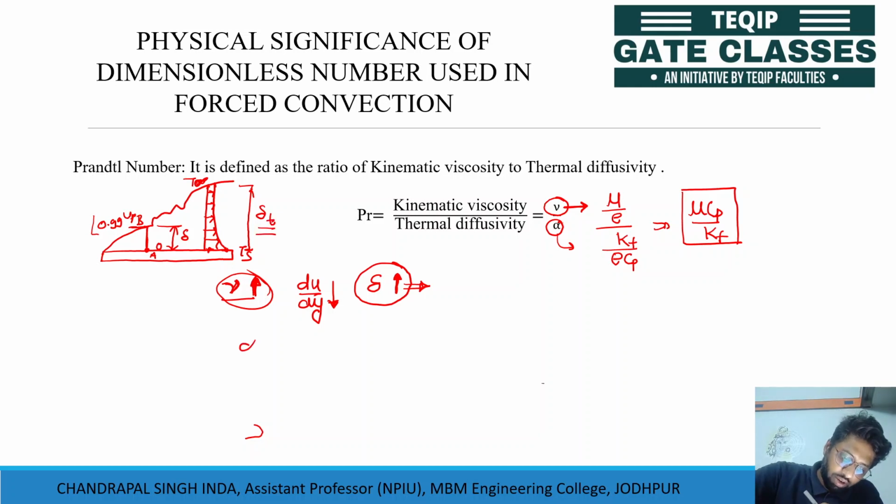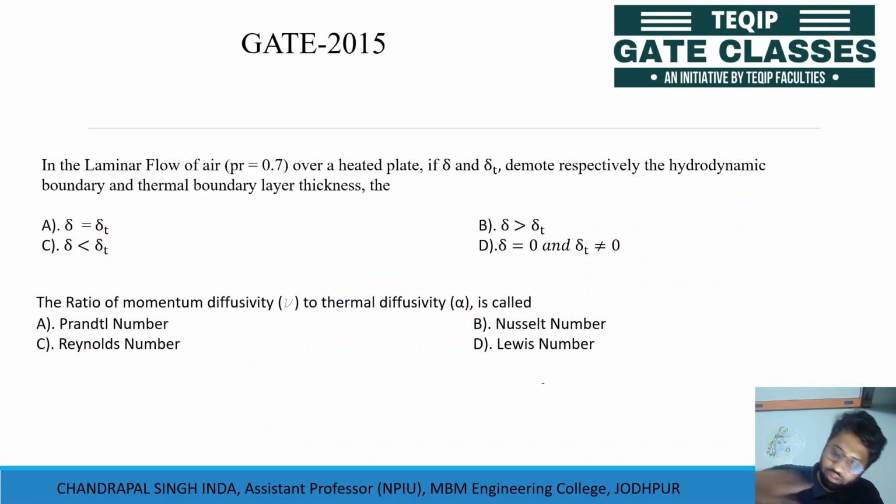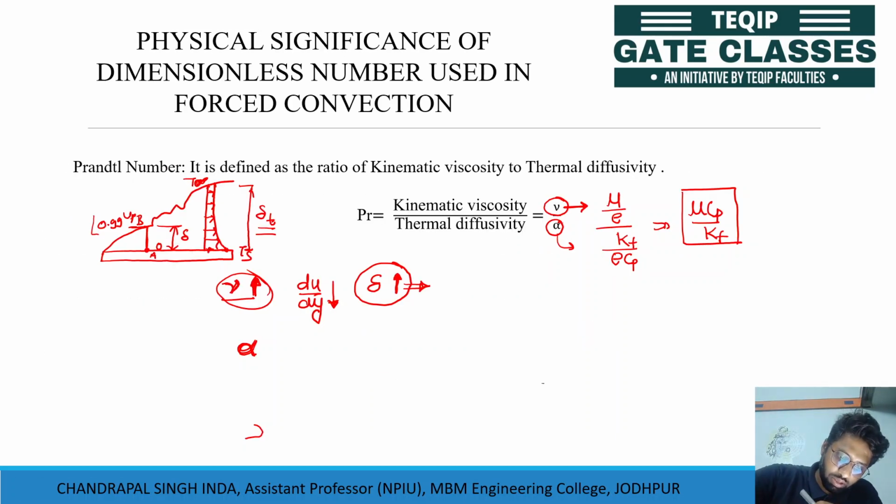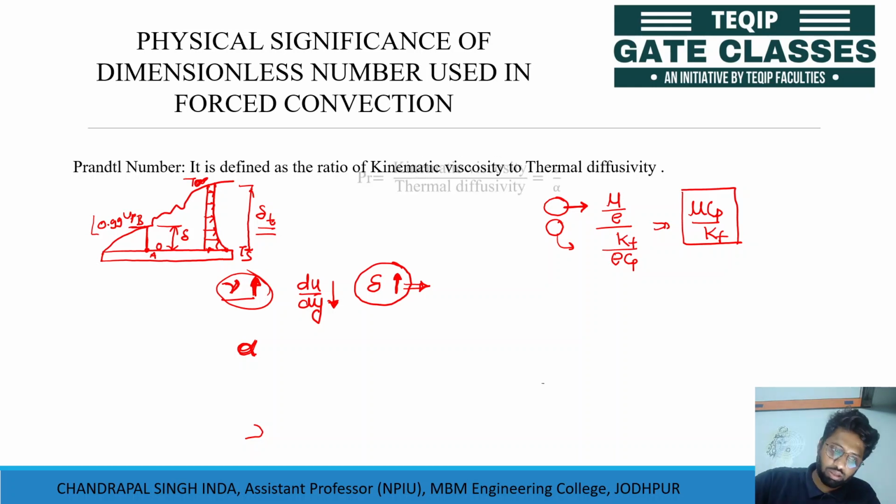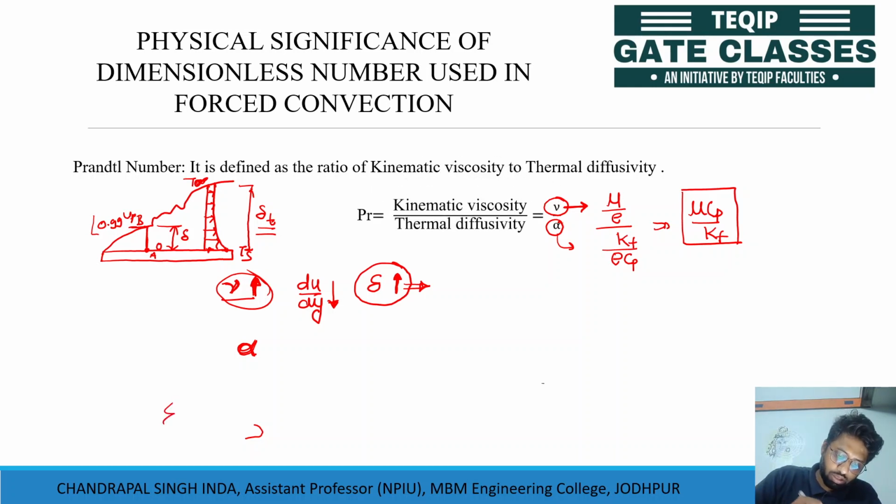So this alpha means thermal diffusivity. The higher the thermal diffusivity, the more the heat diffusion. More heat diffusion means the temperature gradient will decrease, and the value of delta T, the thermal boundary layer thickness, will increase.